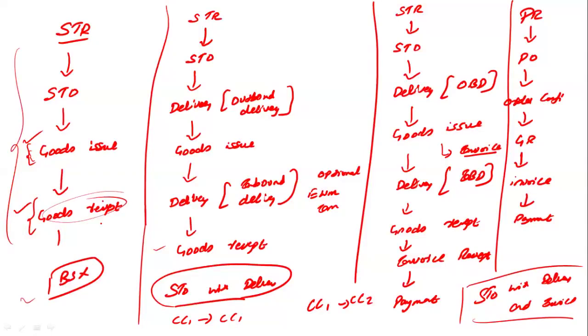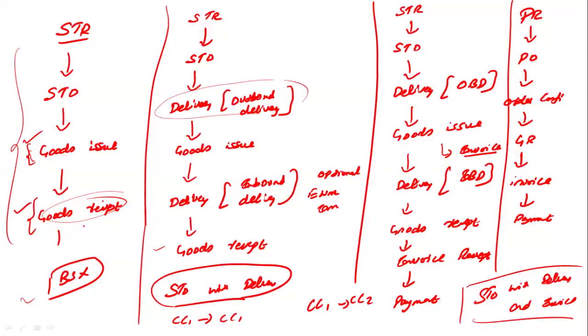Okay. Any more? I mean, when the outbound delivery is done, then the invoice will be done. Sorry, when the outbound delivery is created, then you mean to tell that the entries are generated? Yeah.